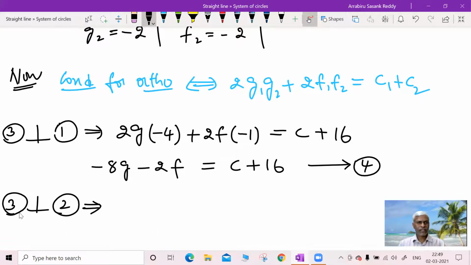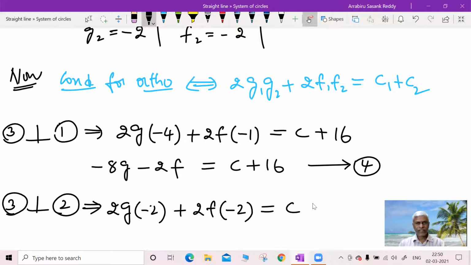In the general equation, g1 is g, f1 is f, c1 is c, and in the second equation, g2 is minus 2, f2 is minus 2, c2 is minus 1.